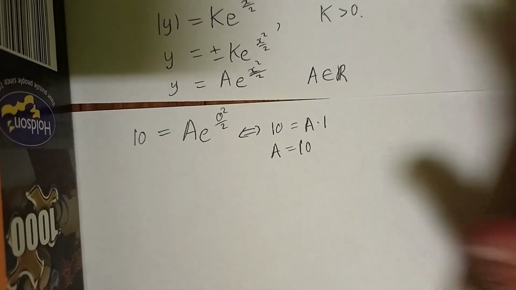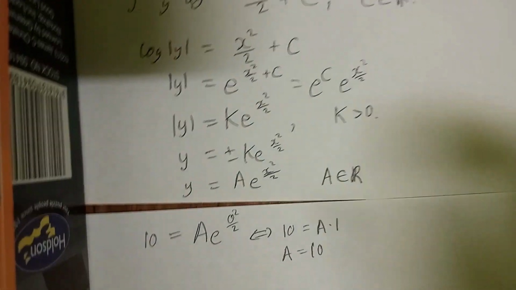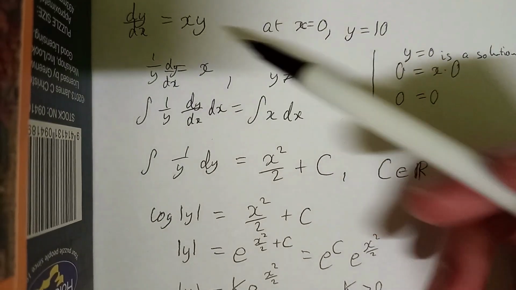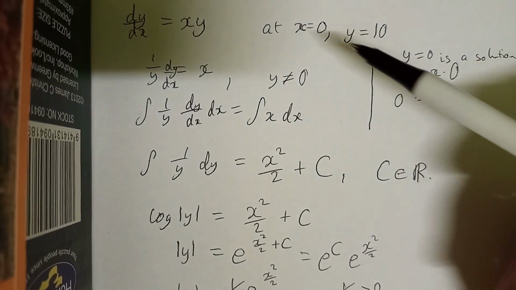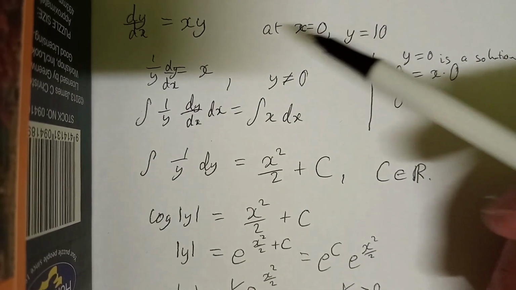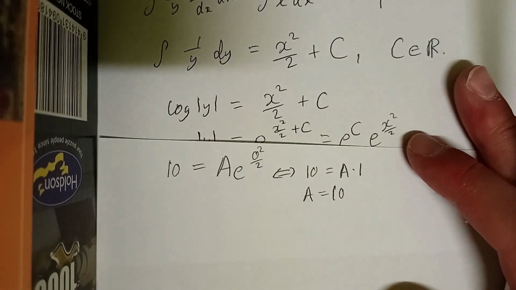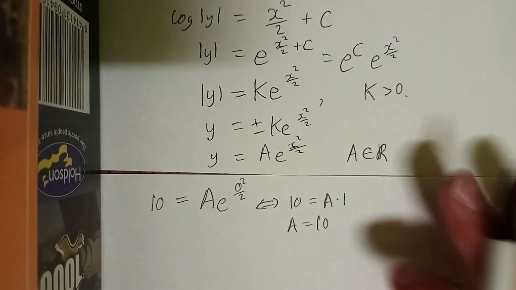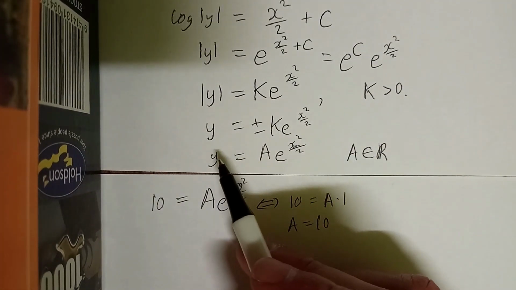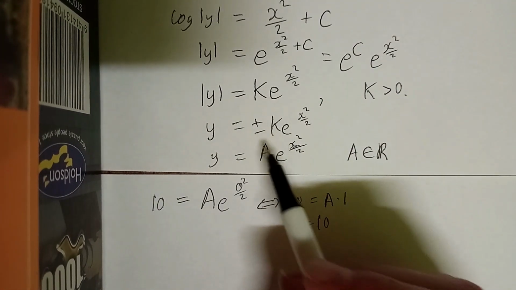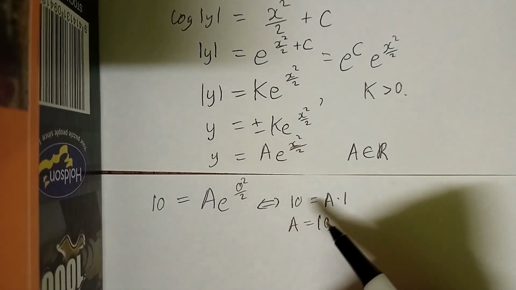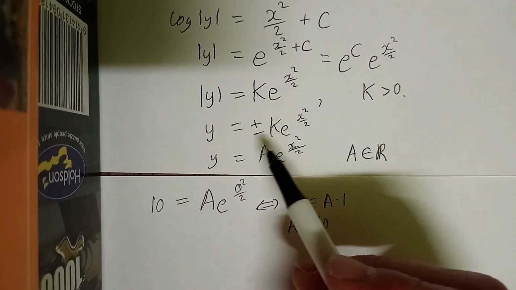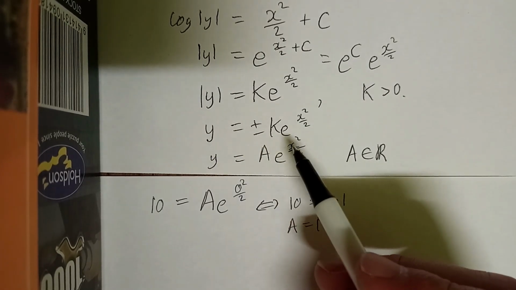So the general solution to the initial value problem, dy dx equals xy and x equals 0 gives y equals 10, is y equals a e to the x squared over 2, and now we've found that a is 10, so the solution is actually y equals 10 e to the x squared over 2.